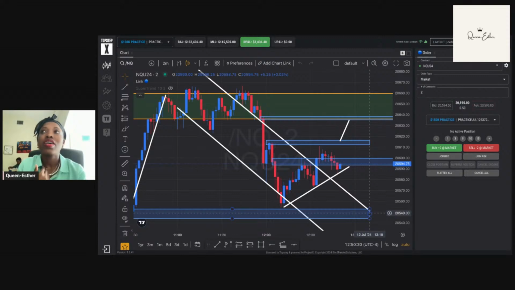Okay, if you are starting out with your own account, I recommend at least $500 if you're trading Nasdaq. Okay, and your goal for the day can be like $200. If you are a really good trader and you're a risky trader, you can turn that $500 into $10,000.